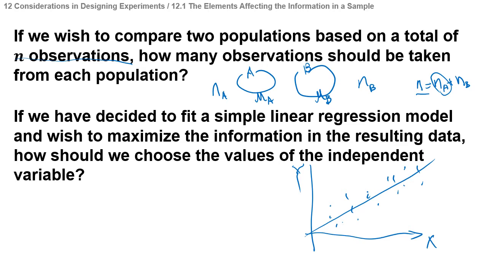If we can control the x variable, the independent variable, then how do we choose the points of x so that we can maximize the information from this simple linear regression?